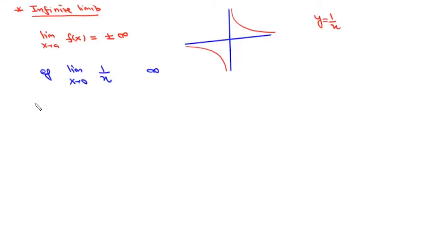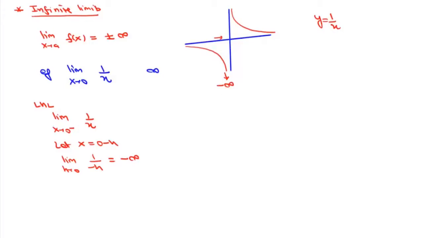So if we write its left hand limit, then left hand limit will be limit x tends to 0 negative 1 by x, and if we let x is 0 minus h, it will be limit h tends to 0 1 upon minus h, and this is equal to minus infinite. So if we approach this function from left hand side, then this limit approaches minus infinite.